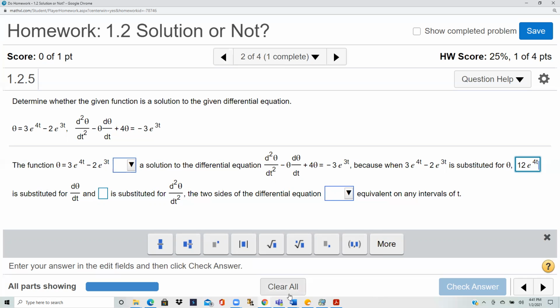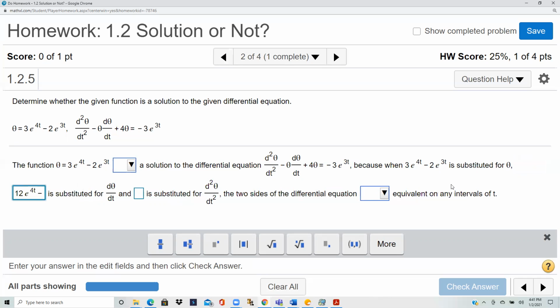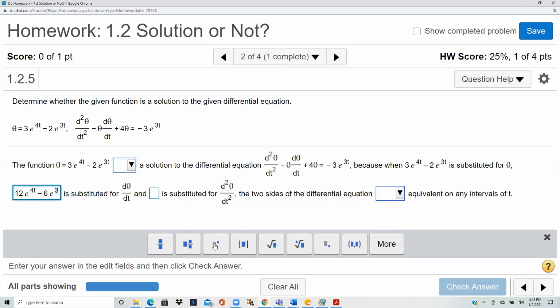And then this one similarly would be negative 6e^3t. That is substituted for d theta by dt. And now let's see what the second derivative would be.